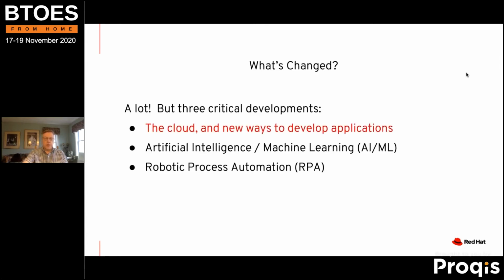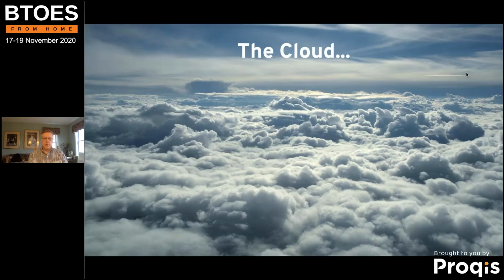So first of all, the cloud. Cloud computing really wasn't a thing back in 2007, 10, 15 years ago. Certainly, the internet was very prevalent. It was widely used, but the notion of offloading enterprise workloads into the cloud really hadn't taken off at that point.